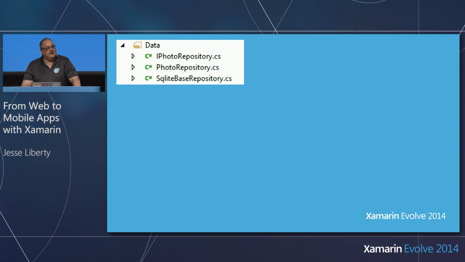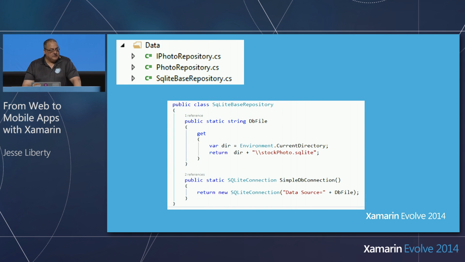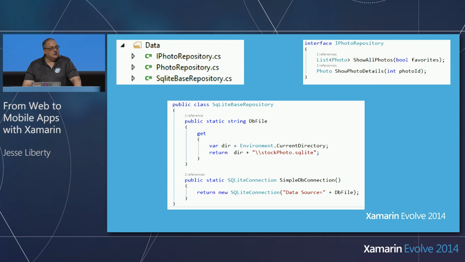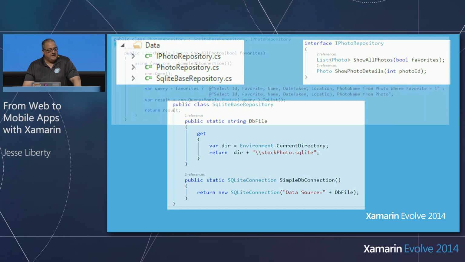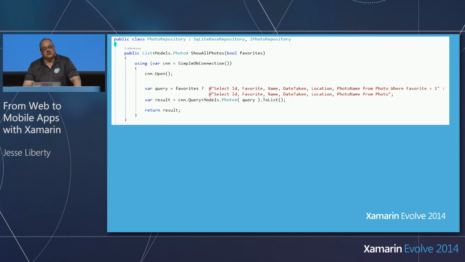To get to our data, we're going to define an interface, implement that interface, and create a base class called SQLiteBaseRepository. SQLiteBaseRepository is simply going to identify the path to our SQLite database and the name. Our interface defines our two methods. And then the implementation for that is just as you would expect.